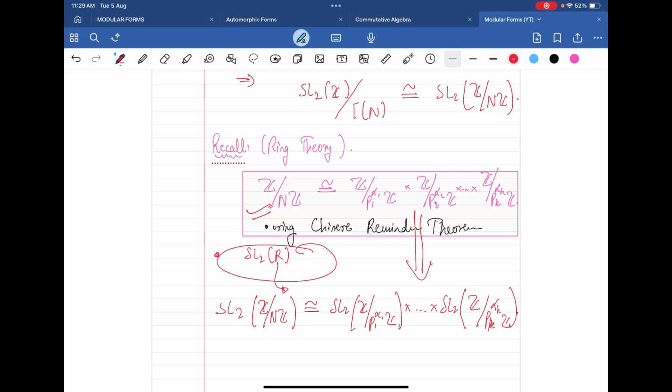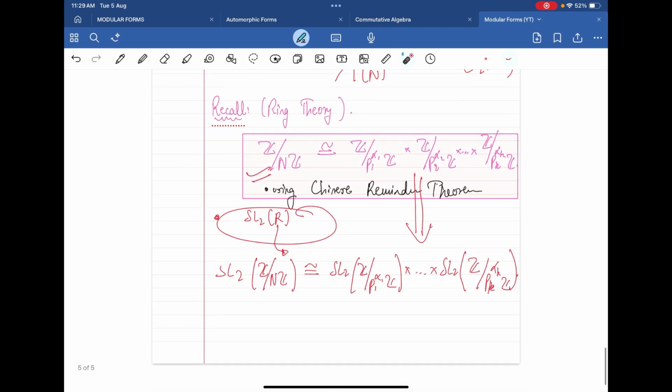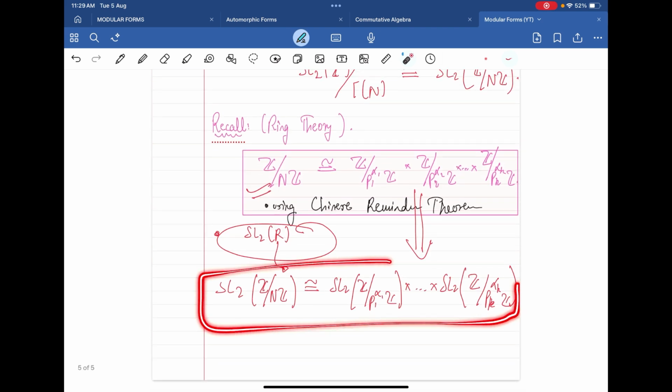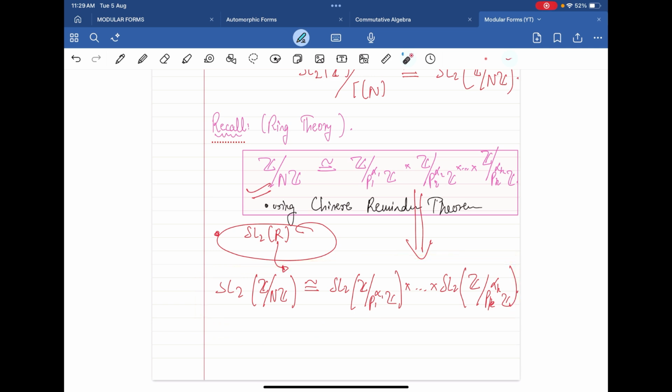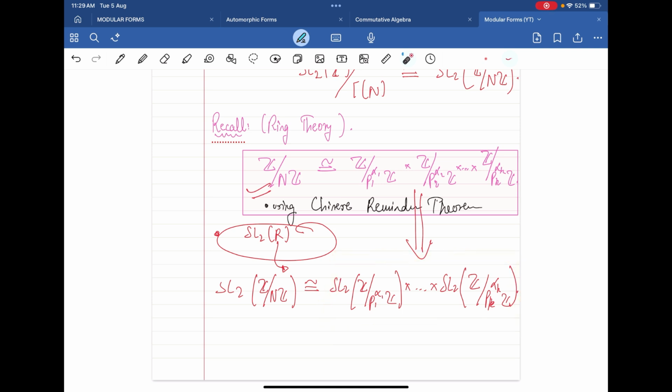Now it's easy. We were aiming to find a good group which is isomorphic to this, whose order is easy to calculate, and over here we are able to construct an isomorphic group whose order is easy to calculate.